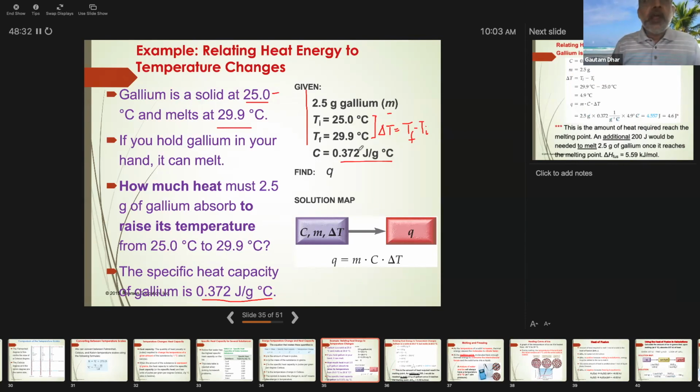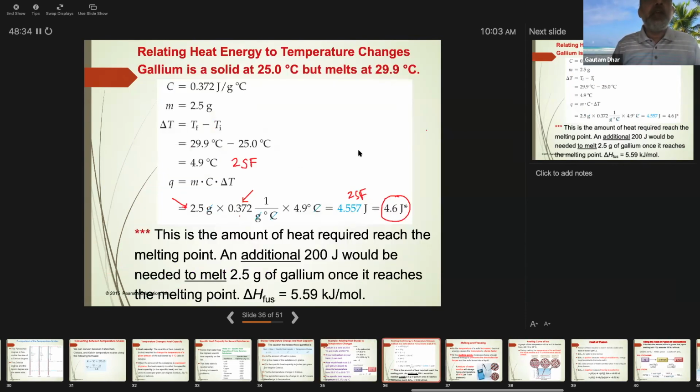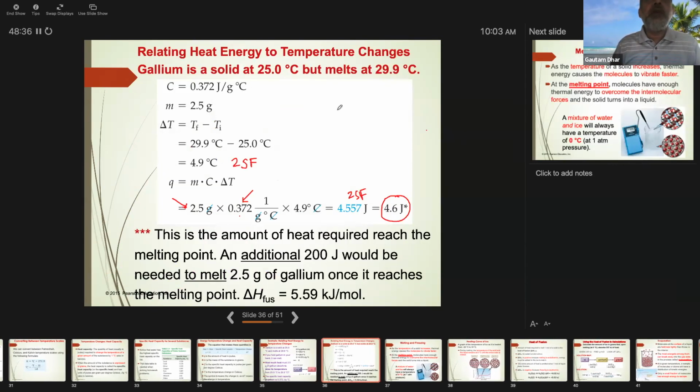Now, another thing is, here we calculate the Q. Now, I can ask you a question where I might say that I'll give you the Q, calculate the mass.